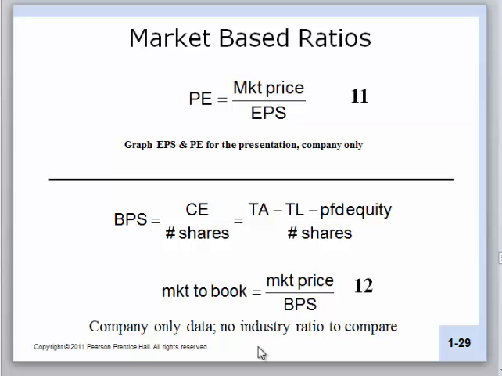The PE ratio reflects how investors feel about the company's future. Market price, obviously, is the price they pay. Earnings per share is the profit they received in the last year. We'll talk about this in class because I think it's an important topic with respect to these market-based ratios.